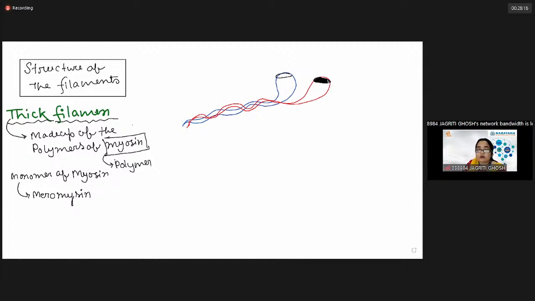Acha, before that, this part of the meromyosin is called the head. This part of the meromyosin is called the neck, or it is also called the short arm.